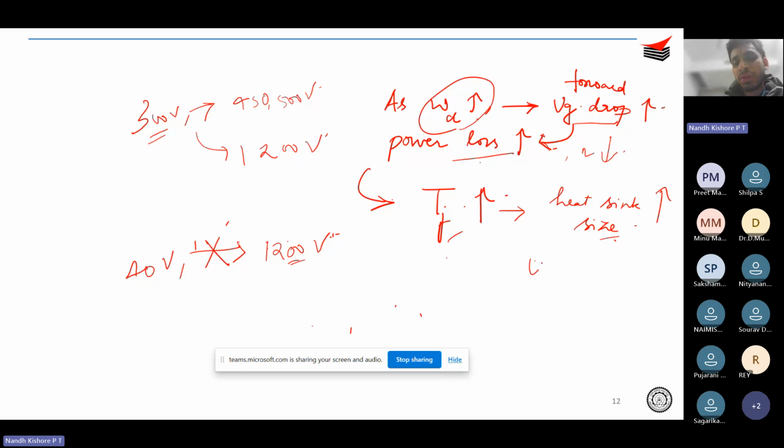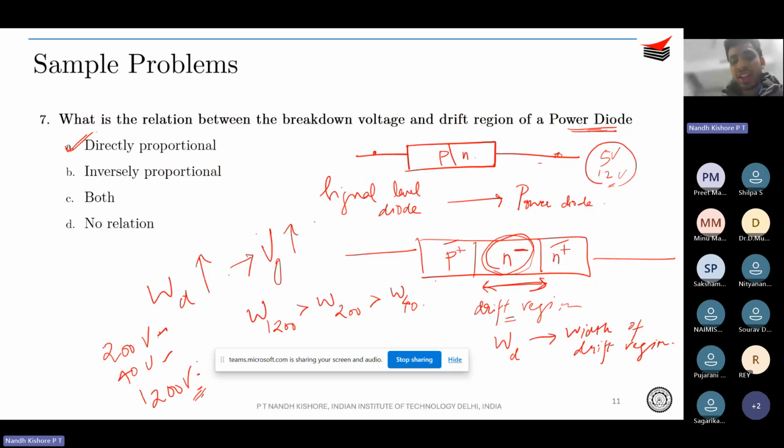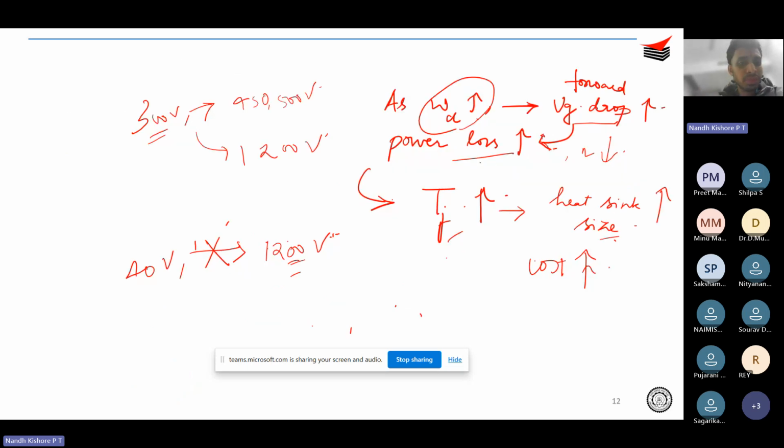And of course, the cost will also be high. This is just an additional point that I thought would be good for you to know. As far as the relation is concerned, if your drift region width increases, your voltage blocking capability is also going to increase.